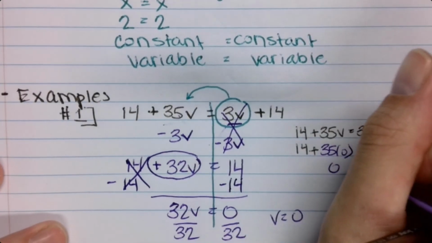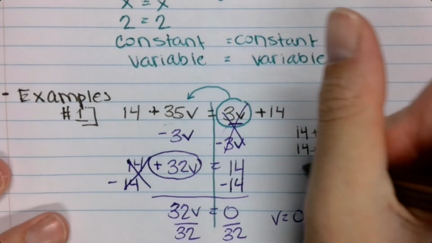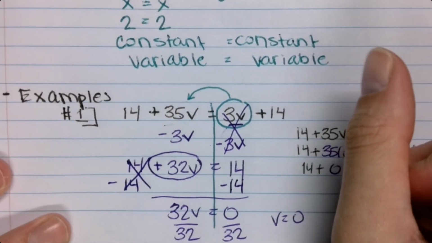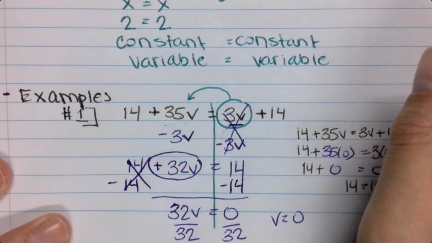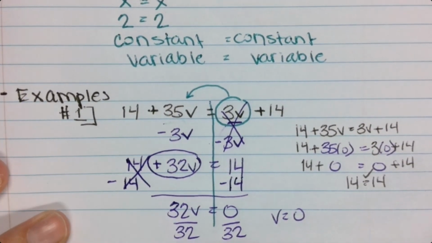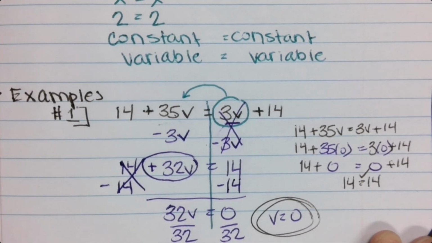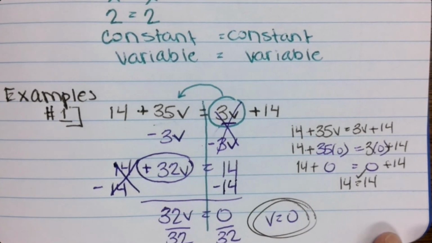That would give me 0. So 14 plus 0, 0 plus 14. So 14 equals 14. We are checking. So our answer is in fact 0.